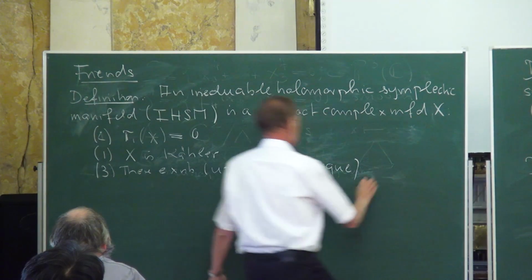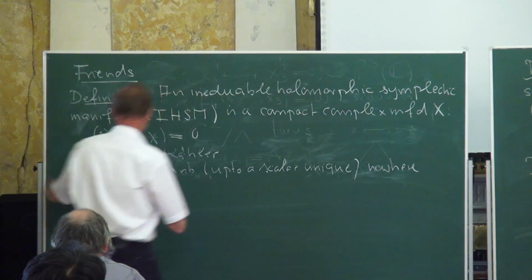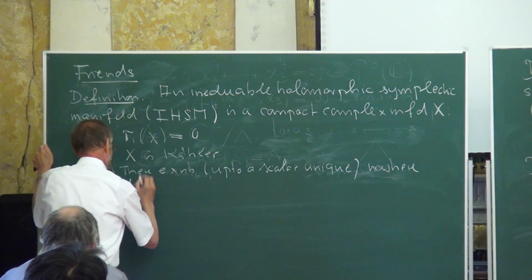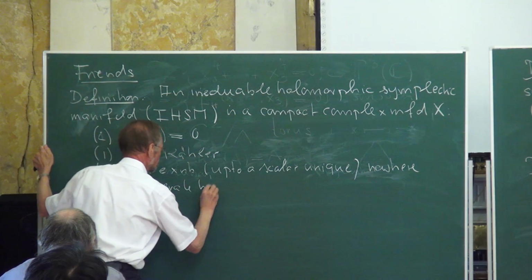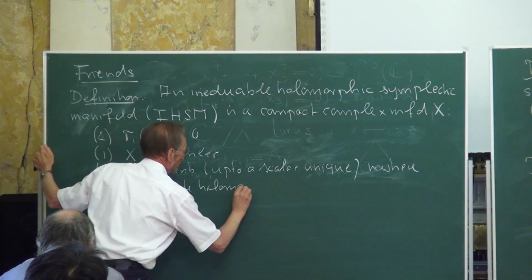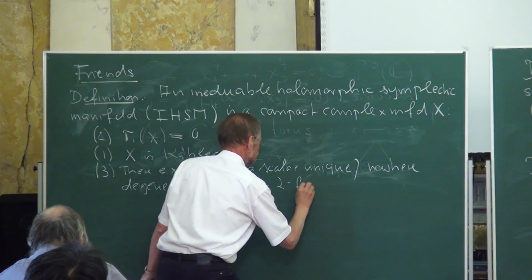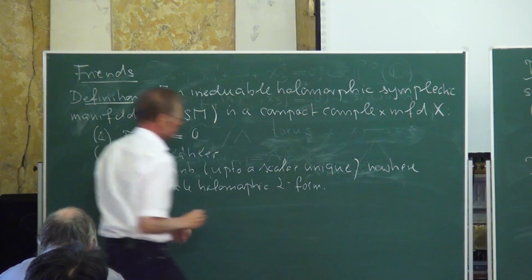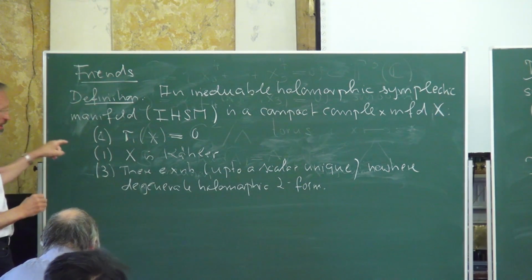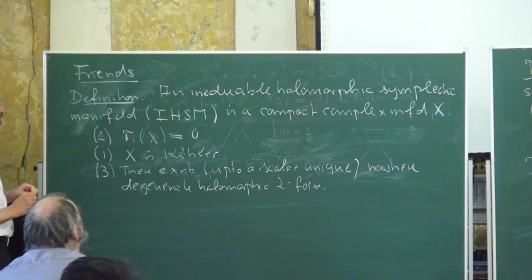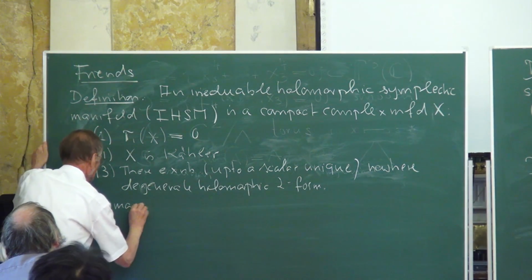Nowhere degenerate holomorphic 2-form. Okay? Now, just as it stands, the third condition has two major consequences.